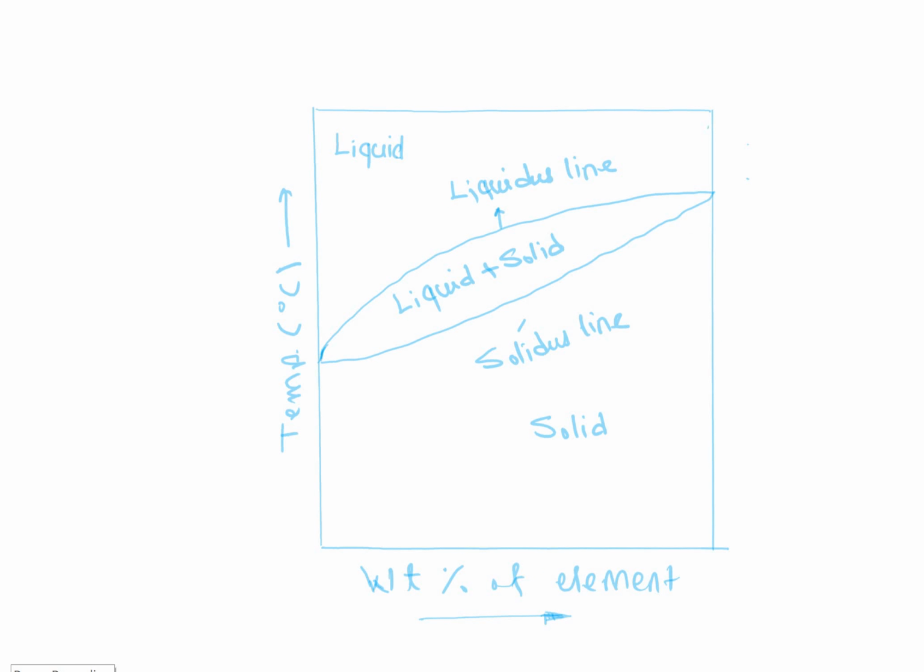Before starting to draw the iron-carbide diagram, I want to explain what the liquidus line and solidus line are. Here in the diagram I have taken two components with two different melting points.